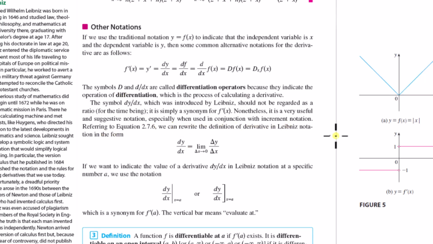Okay, so yeah, this dy over dx is called Leibniz notation, and we're going to become very familiar with this notation as we progress in the course, and then even in differential equations, you really make use of this form of the notation for the derivative.